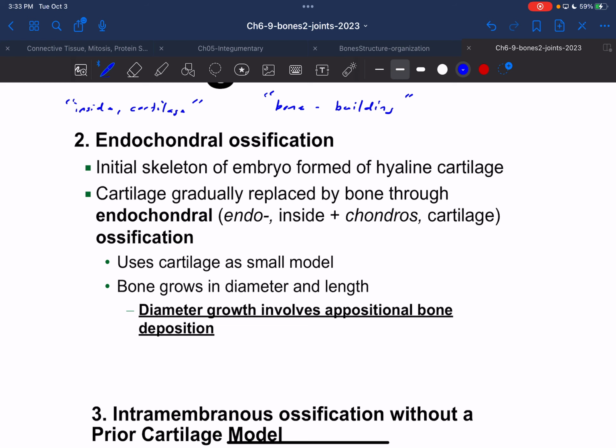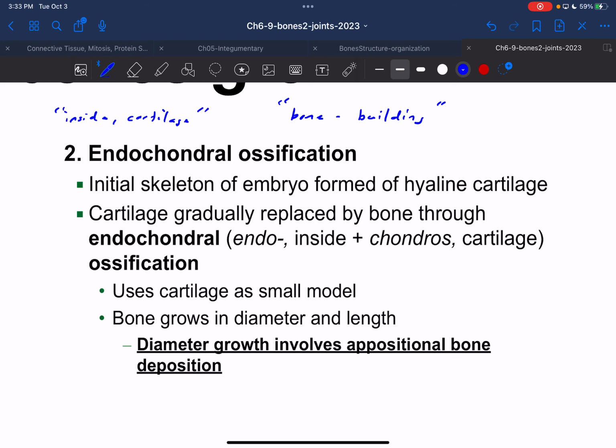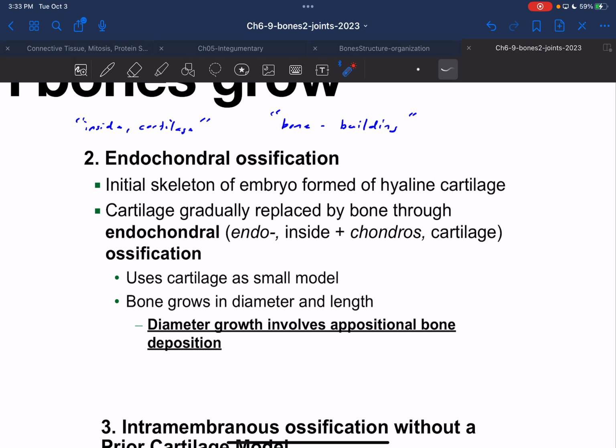So first, the name itself is implying that we are going to encounter actual cartilage being used first and then being replaced by bone. And that's what this whole term implies. And so the takeaway is that cartilage was used as a blueprint.